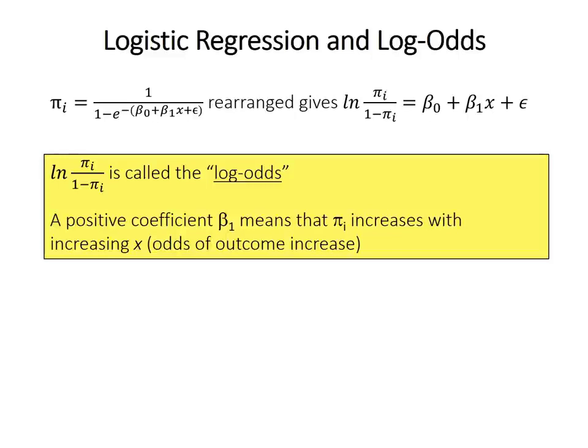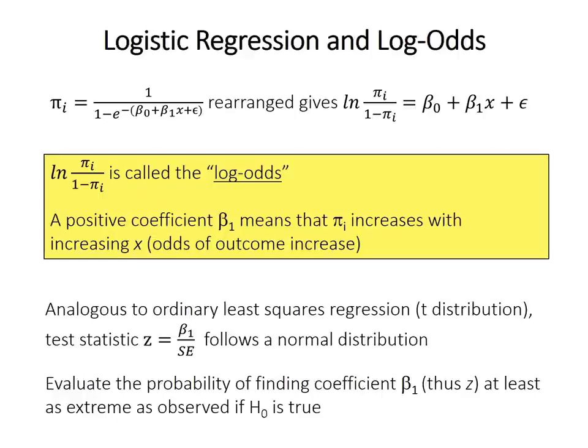And so these are log odds because we're taking the logarithm of that odds. So in our equation here, at the top, a positive coefficient beta 1 means that the odds of the outcome increase. And so the probability pi i also increases. So as the independent variable x increases, the odds of the outcome also increase.